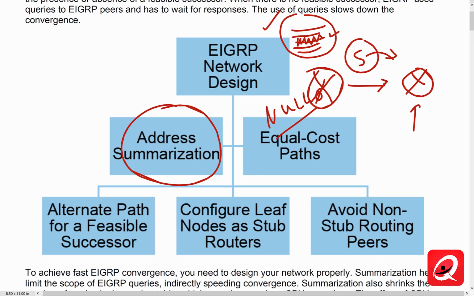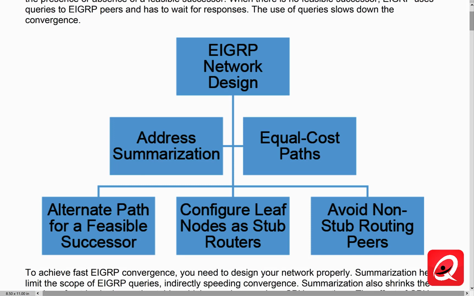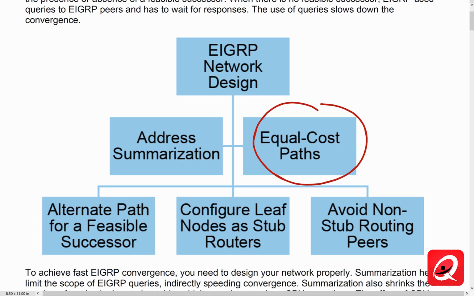Equal cost paths certainly can help with convergence, because if one of those paths goes away, we can still route using the other path. But again, EIGRP is actually the only routing protocol that really can do unequal cost path load balancing as an option as well.